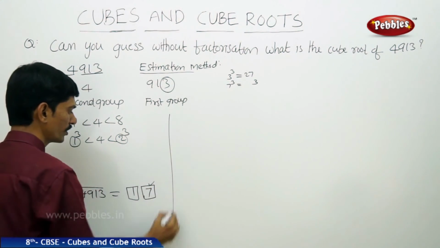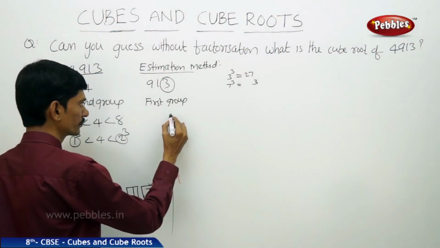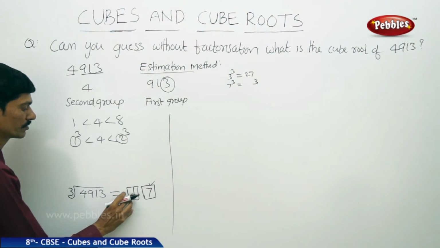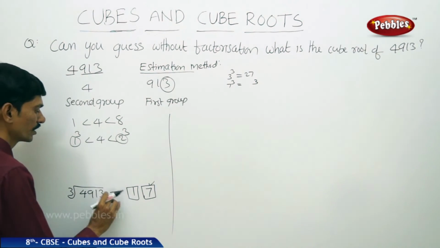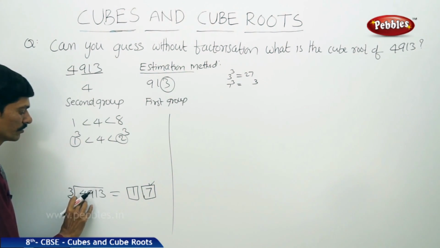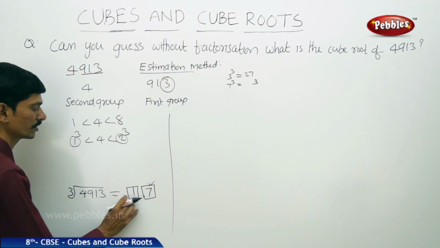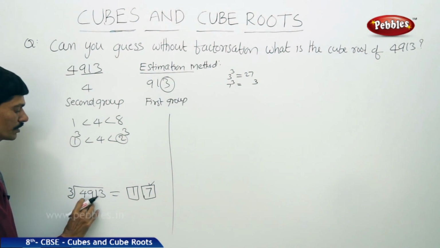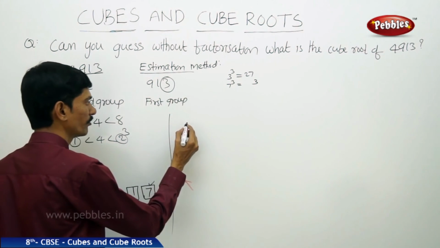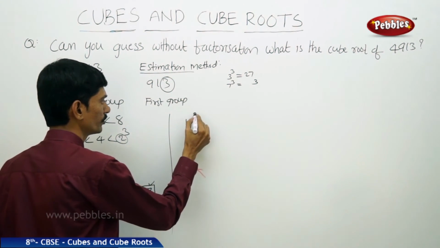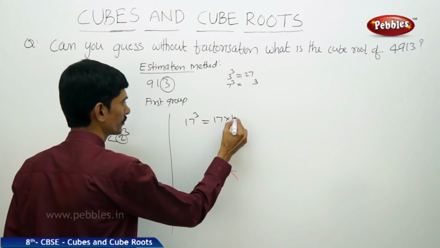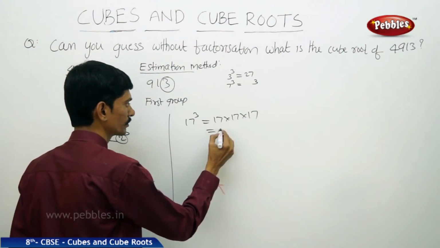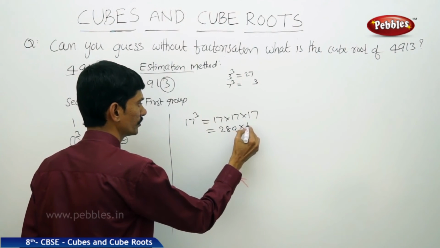So the tens place of the required cube root is 1, meaning the cube root of the required number 4,913 is 17. Now let us check. 17 cube equals 17 into 17 into 17. 17 17s are 289, into 17.